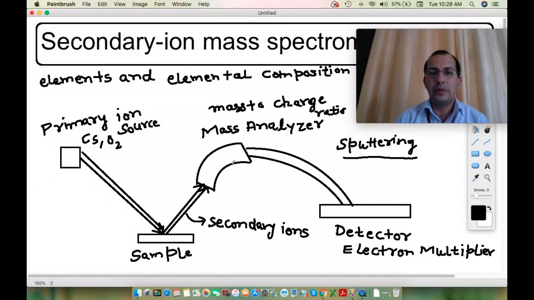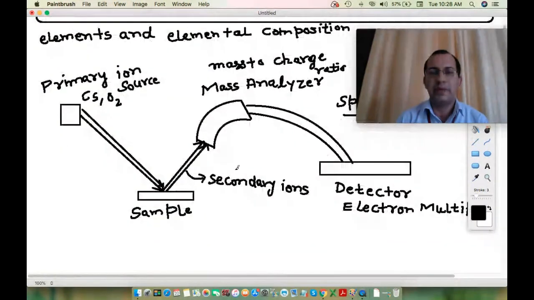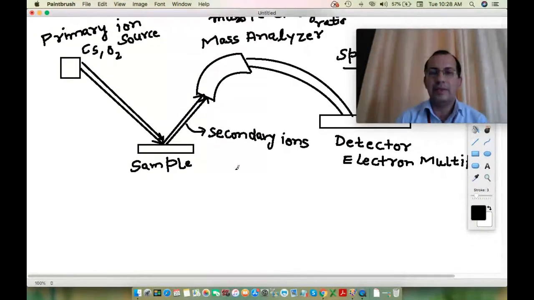You know what would be the effect on an ion: if you apply a magnetic field across the ion's movement, you can separate them in space.